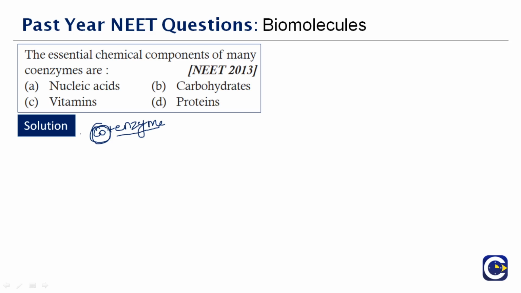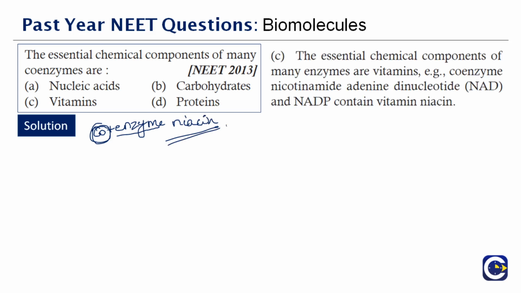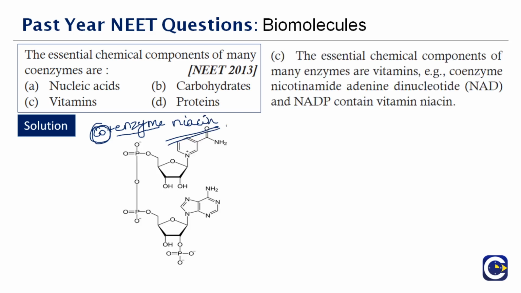The essential chemical components of many coenzymes are vitamins. Example, coenzymes like nicotinamide adenine dinucleotide, then you have NADP. They all contain a vitamin called niacin. So this is a very important vitamin that is found in many coenzymes. Therefore, the correct answer is vitamins.